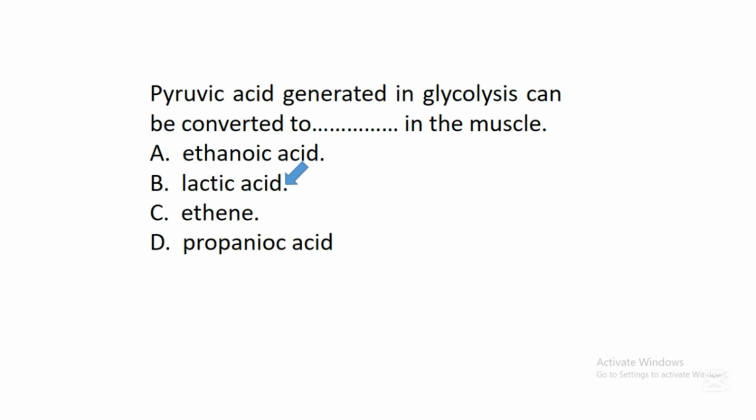This lactic acid accumulates in the muscle and causes what we call muscle cramp, which some people also call muscle pull. So it is this lactic acid that is responsible for the pain felt within the muscle when anaerobic respiration takes place in the muscle cell.